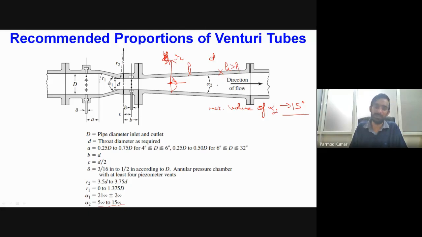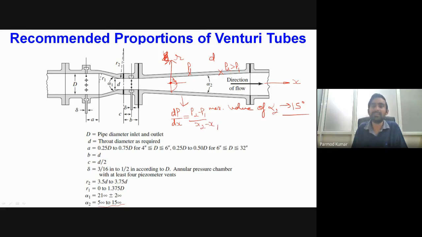Now if I define the pressure gradient for this divergence section, with x as my axial direction, dp by dx equals P2 minus P1 divided by x2 minus x1.